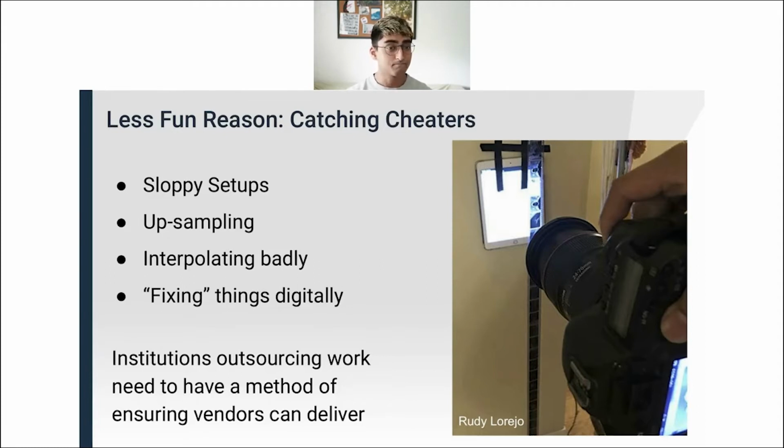Sloppy setups are going to create images that maybe don't conform to standards, but you might be able to get away with it if there's no verification of standards. Things like upsampling, whether it's bit depth or resolution, that is not kosher. That's not something that we want to allow. Interpolating badly, if we have a scanner or a digital camera that's not doing proper interpolation for resolution or color purposes, and fixing things digitally.